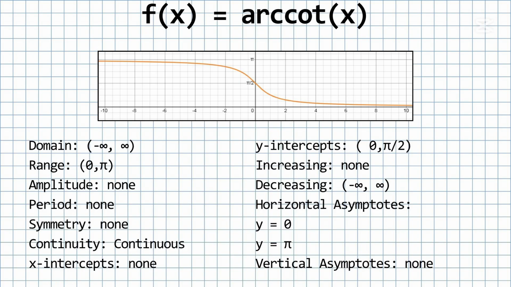It does not have any x-intercepts, but it has a y-intercept at (0, pi over 2). It is not increasing, but it is decreasing on its domain. It has two horizontal asymptotes at y equals 0 and y equals pi, as well as no vertical asymptotes.